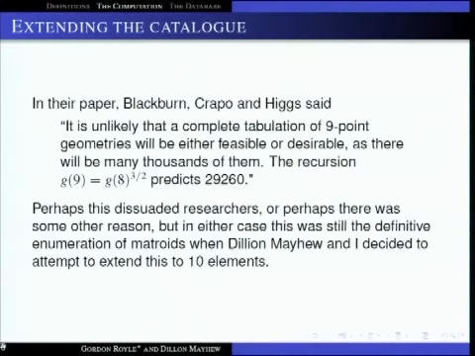Until then I thought, well, okay, I've got 40 years of advances in computers and techniques for combinatorial enumeration. Surely we can do 10 elements. You interpolated into their sentence the word ever. Yes, that's true. As you can tell by the title of this talk, we didn't succeed in extending it to 10 elements.